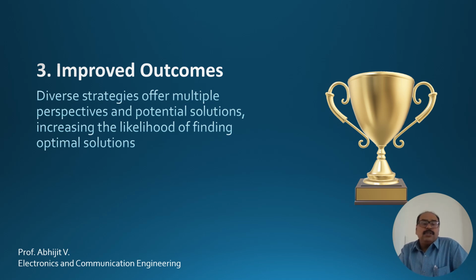We have a diverse strategy offering multiple perspectives and potential solutions, increasing the likelihood of finding the optimal solutions. We need to find out something that is going to give you the best possible outcome. That means it is going to balance all the other problems and all problems in general together.